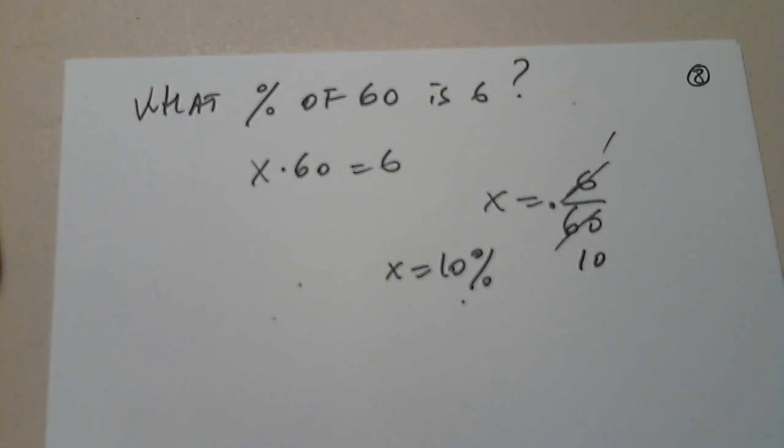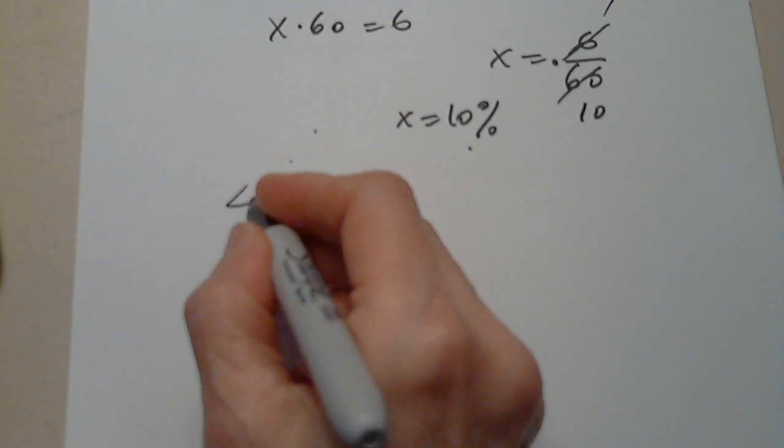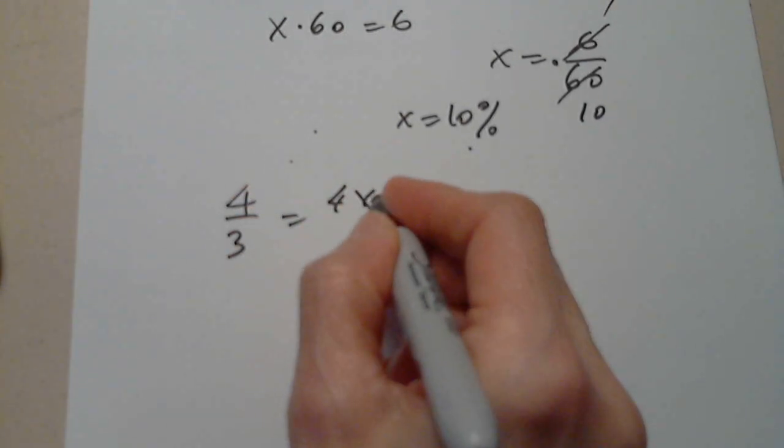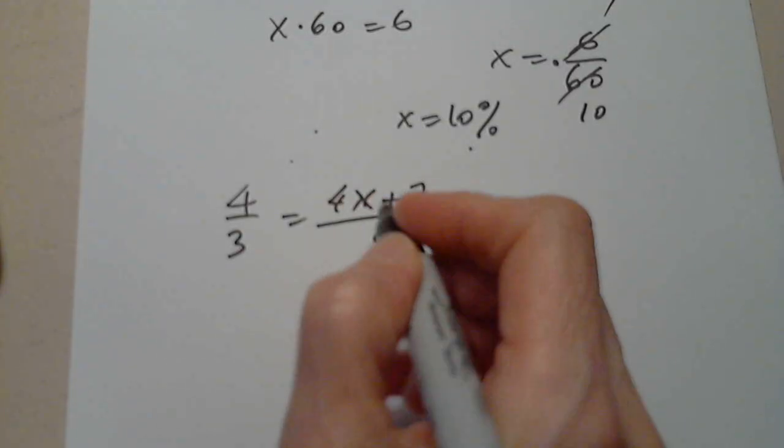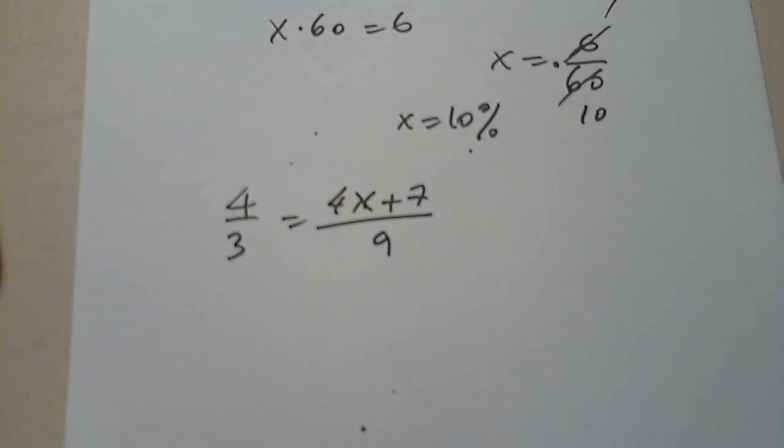Okay, so let's solve a proportion. 4/3 equals (4x plus 7) over 9. How do I solve this proportion? Let's take a minute, work on it. Is this a proportion? Yes.